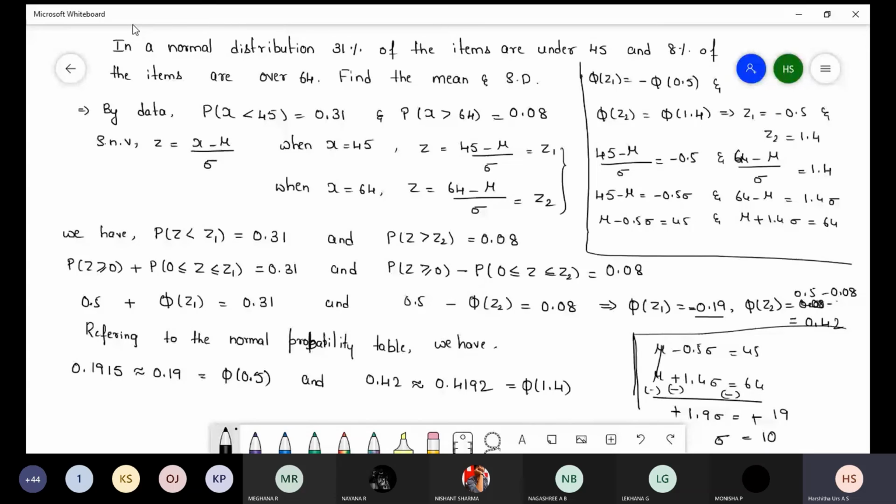So we got the sigma value 10, and substitute this sigma value in any one of the equations. So what is that equation? Mu minus 0.5 into 10, so it is only 5, is equal to 45. So mu is equal to 50. So here we got the value mu is equal to 50.